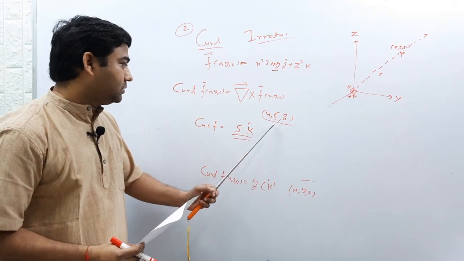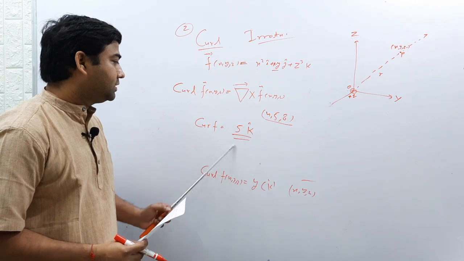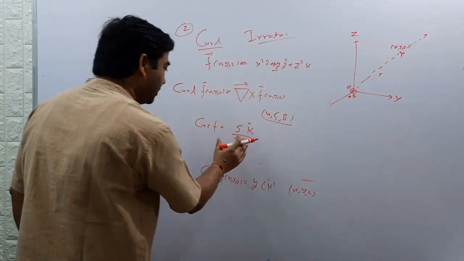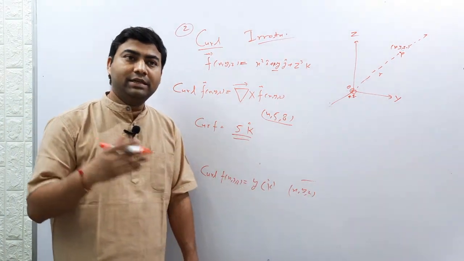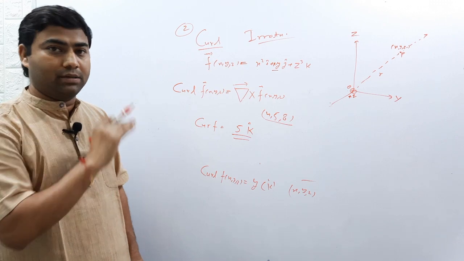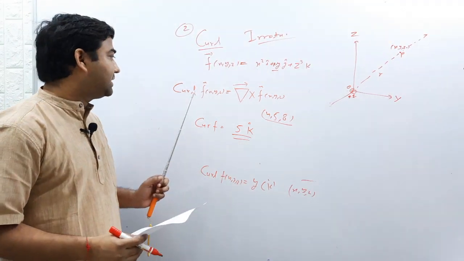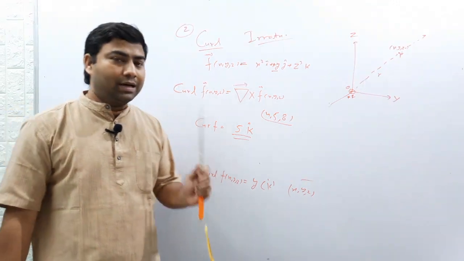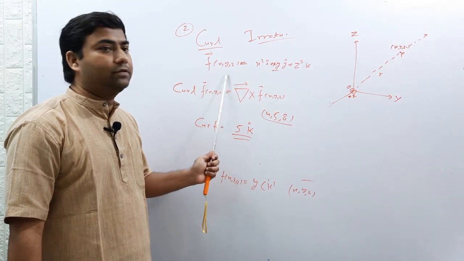So you can see this is a vector, and curl, unlike divergence, is a vector quantity, whereas divergence was a pure number because that was a dot product. So from a given vector field we find curl, a vector quantity.